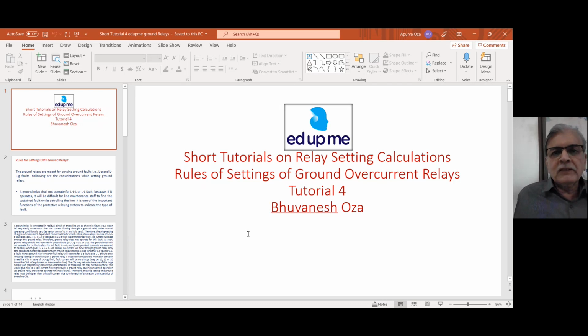One is the phase overcurrent relay and the second is the ground relay. We were talking that the relay setting philosophy for both kinds of relays is different.